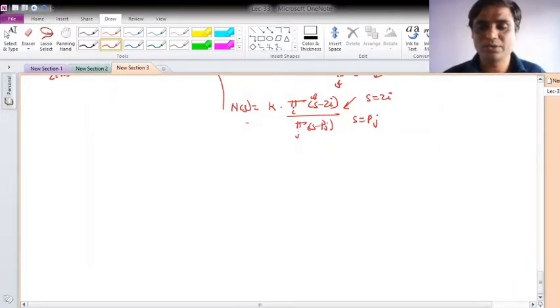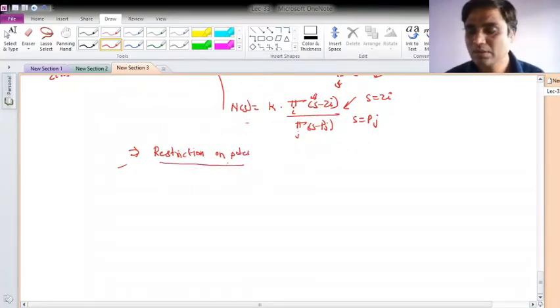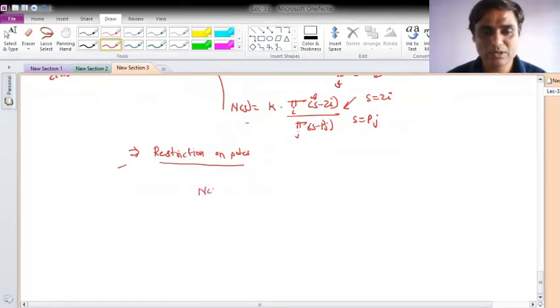Now once we know the poles and zeros, let me put some restriction on the poles. So what is the restriction on a pole? Let us discuss. Basically, suppose I take the network function like this, N(s) equal to say 1 over s plus 3.